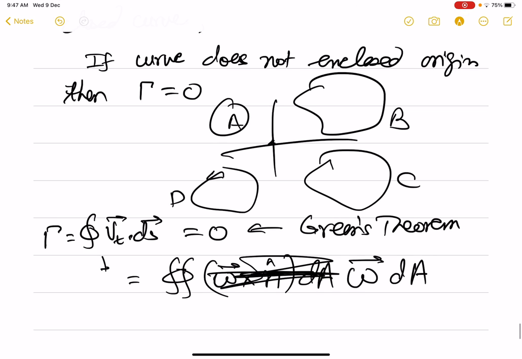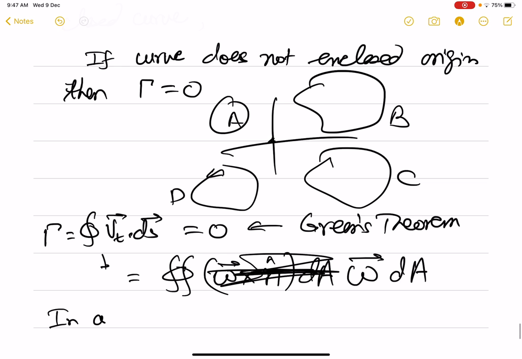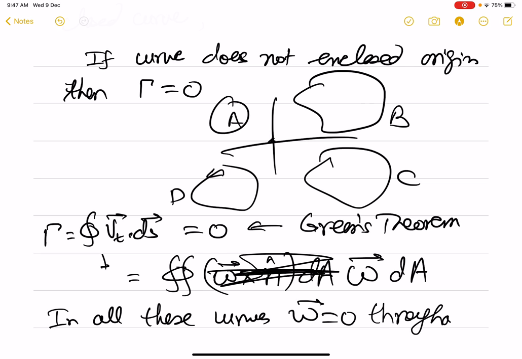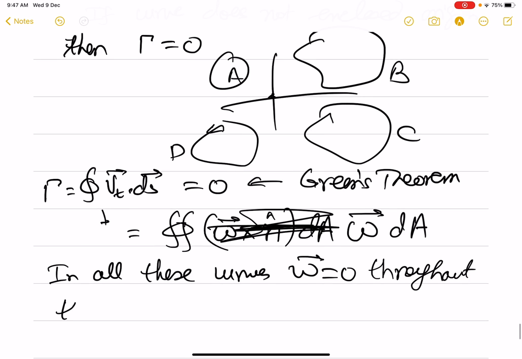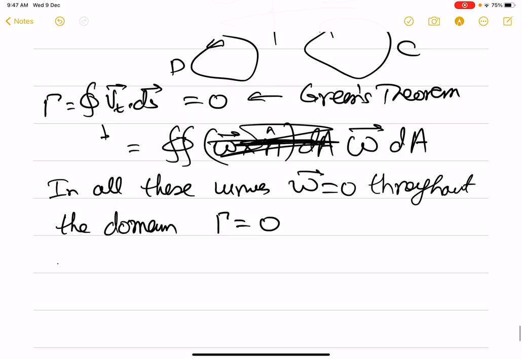And because in all these curves omega is 0 throughout the domain, circulation is 0.